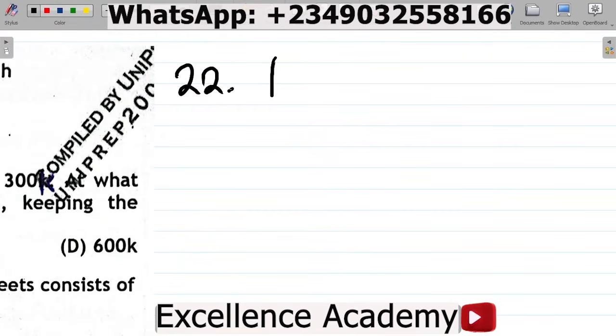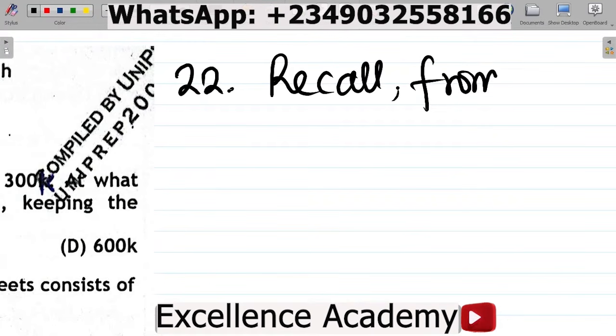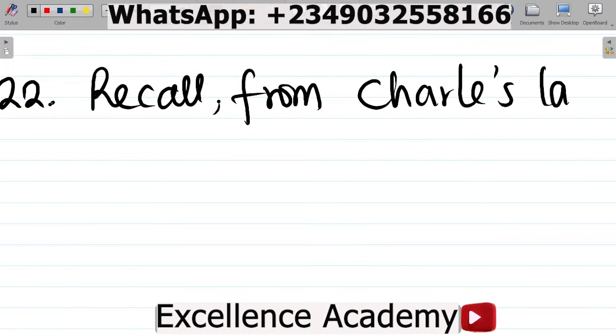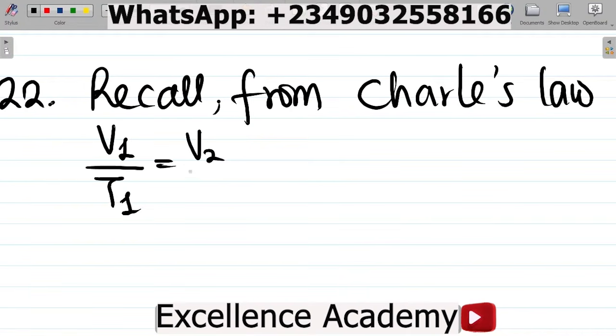Let's recall from Charles' law, for constant pressure, we have that V1 all over T1 is equal to V2 all over T2.